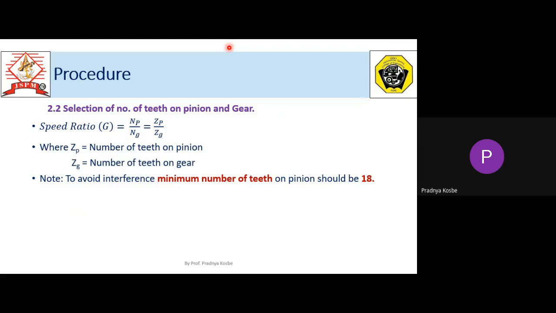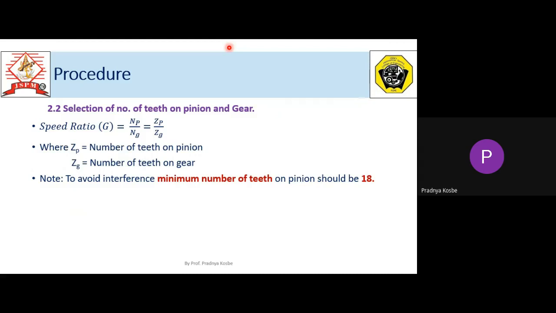Then to avoid interference, minimum number of teeth for a 20-degree pressure angle system, because here we are assuming the gears have a full depth involute tooth profile.